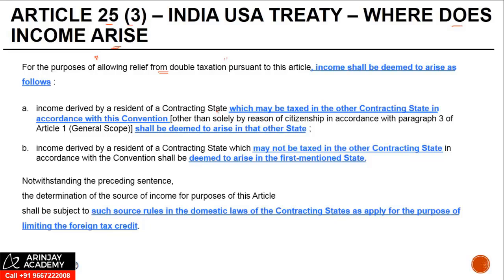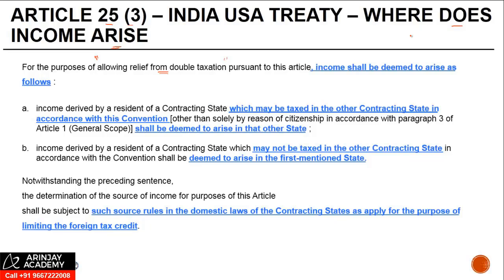What that also means as a corollary is that if there are different rules in different articles relating to where the income should be arising, those rules will have precedence over this, because this paragraph is more towards allowing relief from double taxation. And then there are certain specific exceptions which are mentioned, which we'll also look at.